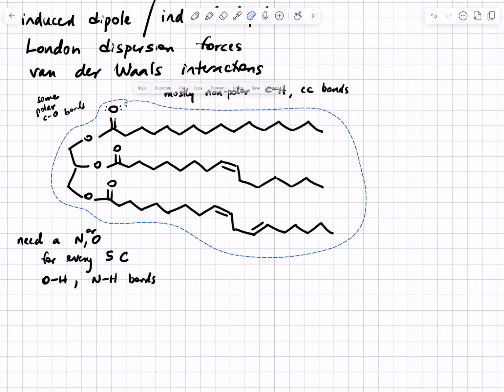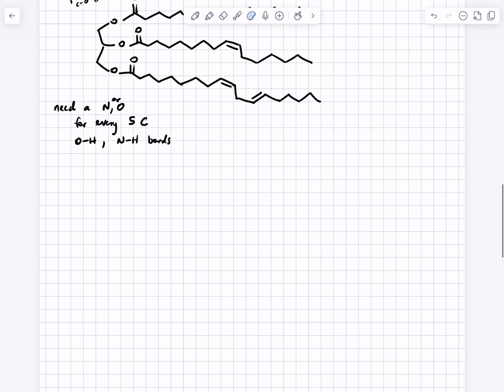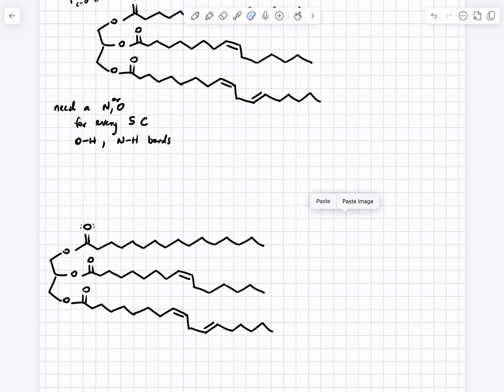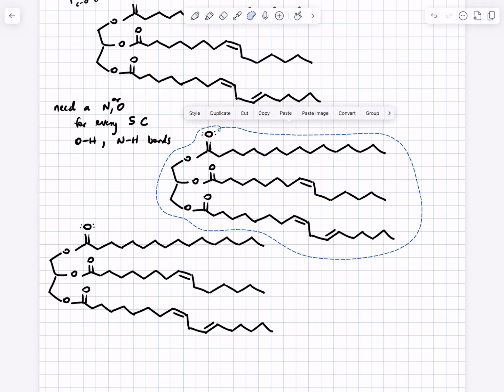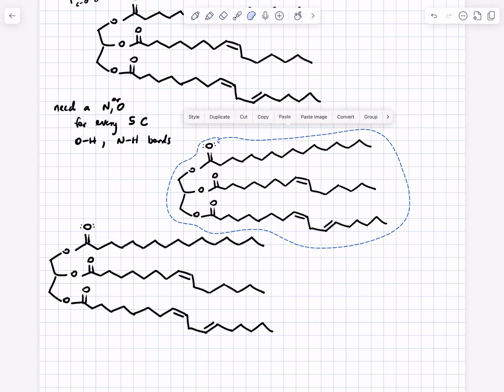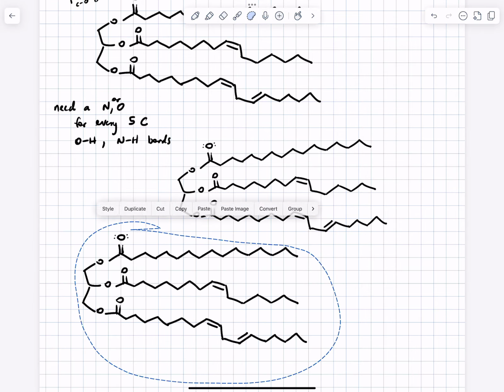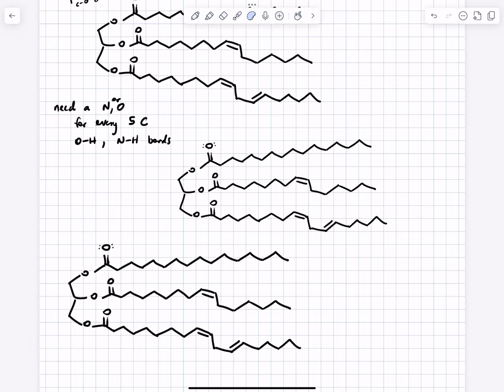So I'm going to copy the triglyceride. We're going to imagine two triglycerides approaching each other. And I know you can't do that if you're using a pen and paper, and that's okay. That's why the notes are going to be made available.